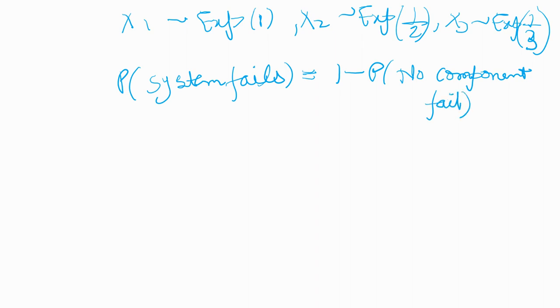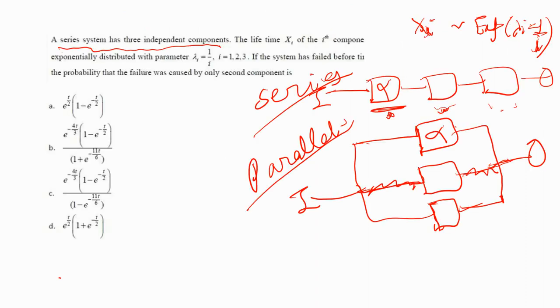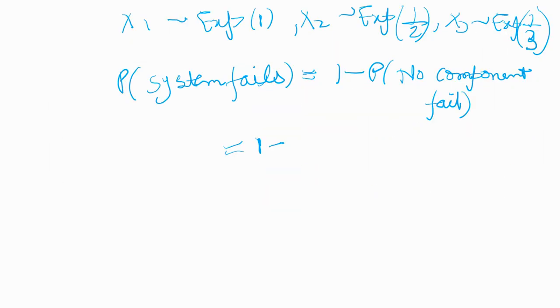If no component fails, only then the system will work. Otherwise, the system will not work. So it will be 1 minus the probability that no component fails. The lifetime is exponentially distributed, so no component failing means it will be e to the power minus lambda x. That means it is the probability of X greater than or equal to x.